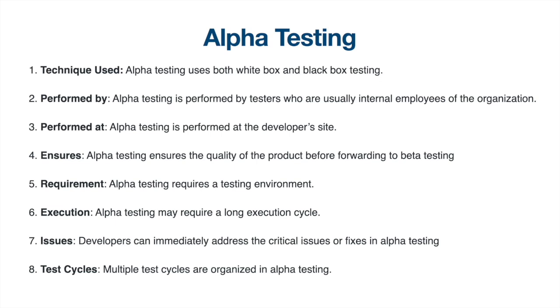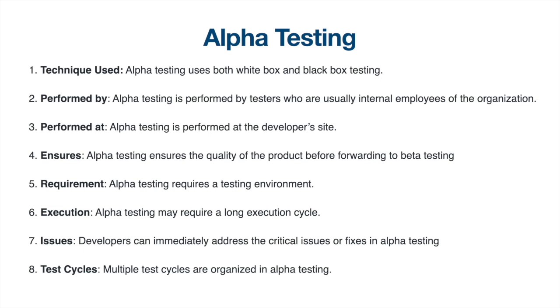It's not only a couple of cycles, but usually takes longer to execute, because they are identifying the defects, and after fixing the defects they are running the regression and other re-verifications of the scenarios and the defects. So it takes a little bit more time.